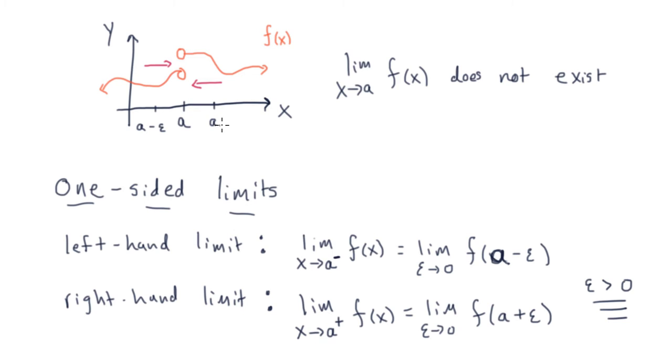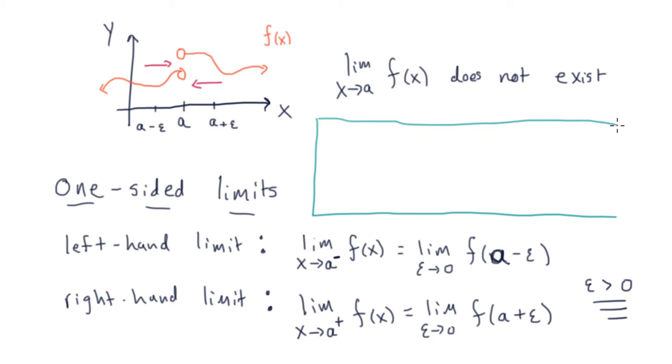And for the right-hand limit, I'm adding a little bit to a, and then moving in as epsilon goes to 0, so x is going to approach a from the right. This is going to be useful when we actually evaluate one-sided limits, because we're going to be able to reduce the limit to looking at just a small positive number and letting that small positive number go to 0.